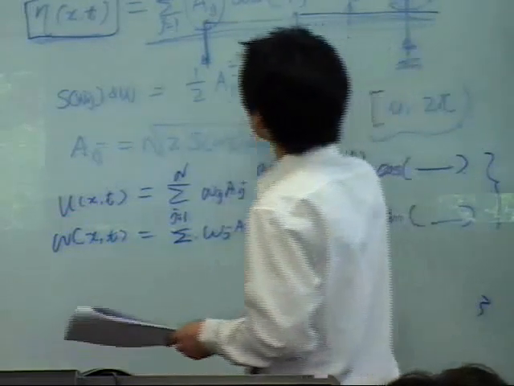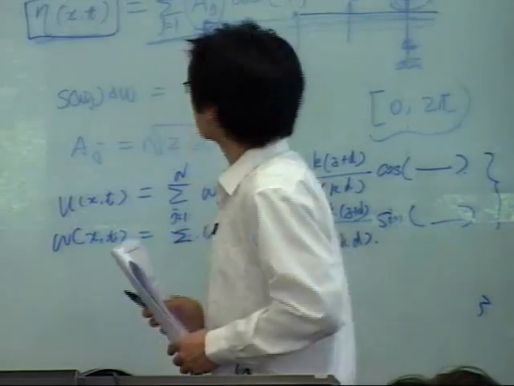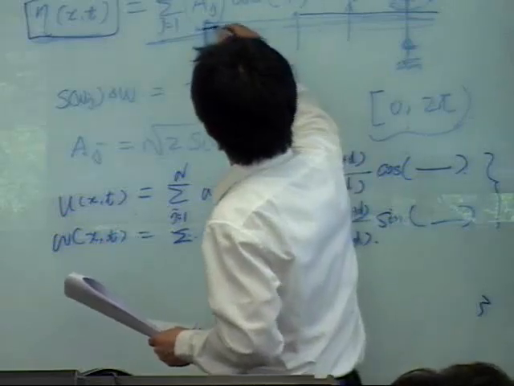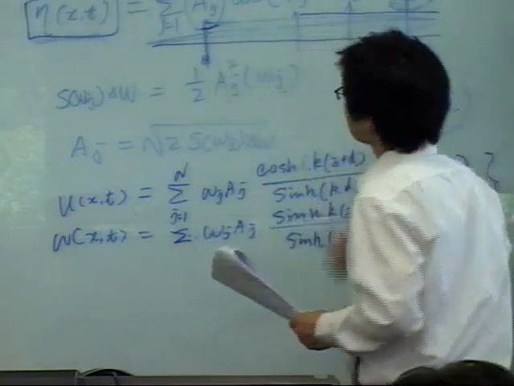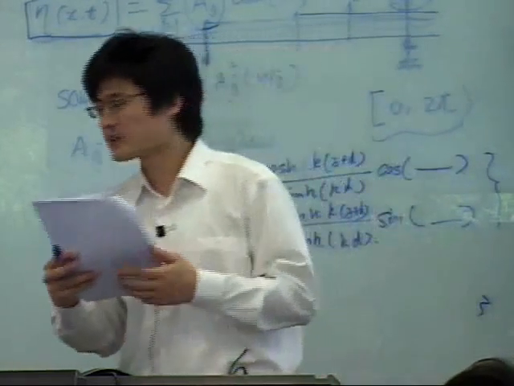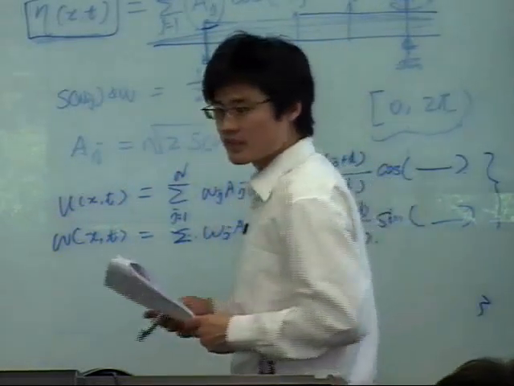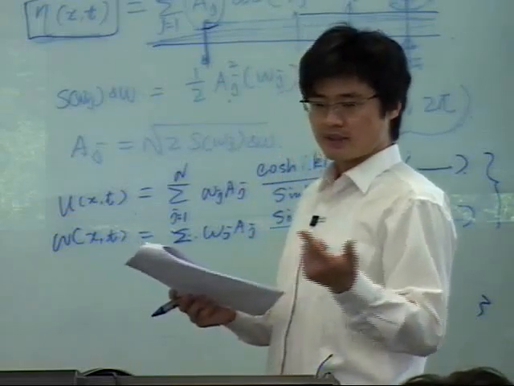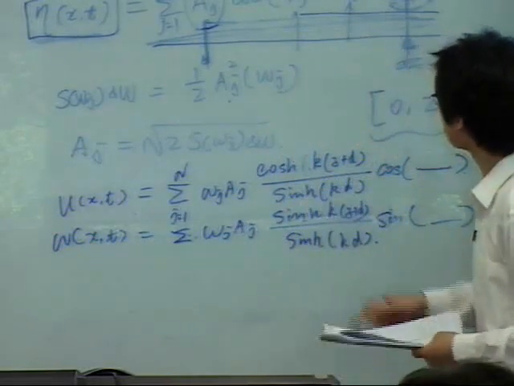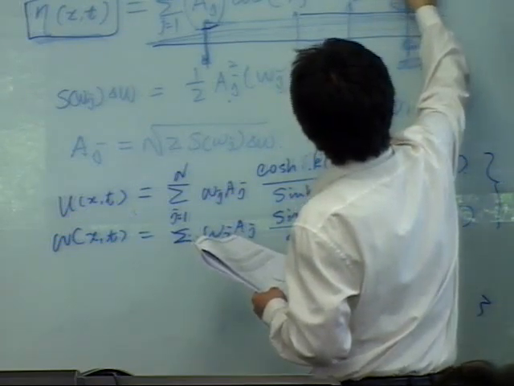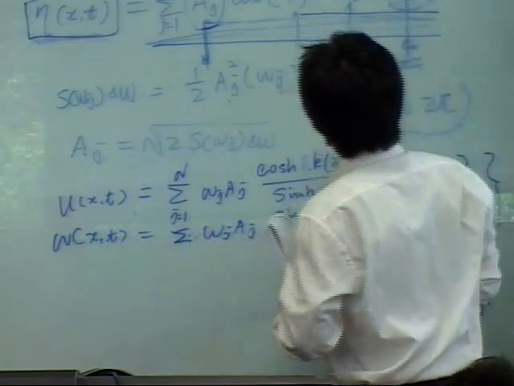If you want to go to higher, second order terms, what are you going to do? You're going to include not only this linear part, but also the wave and wave interaction. You're going to consider the sum frequency term and the difference frequency term, which is like this is k_j, and I have k_i, the other term.